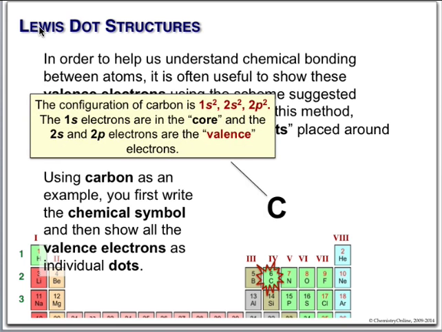Again, these high energy electrons, the ones in the 2nd period, are our valence electrons. Now Lewis said what we do is we put these electrons around the atom. We're going to put them in one at a time. After you get more than 4, you pair them up. So with carbon, since we have 4, we would put them in this way. And this is the Lewis structure then for carbon.